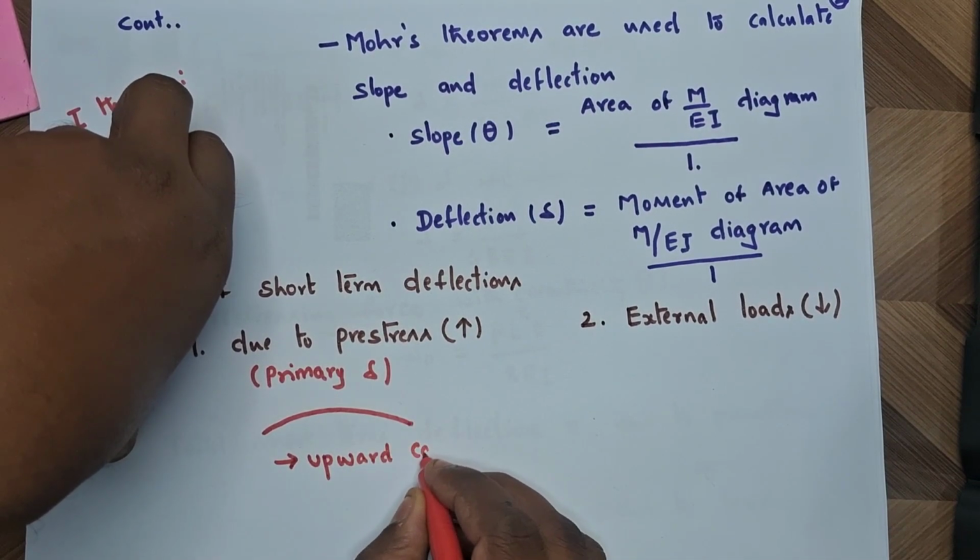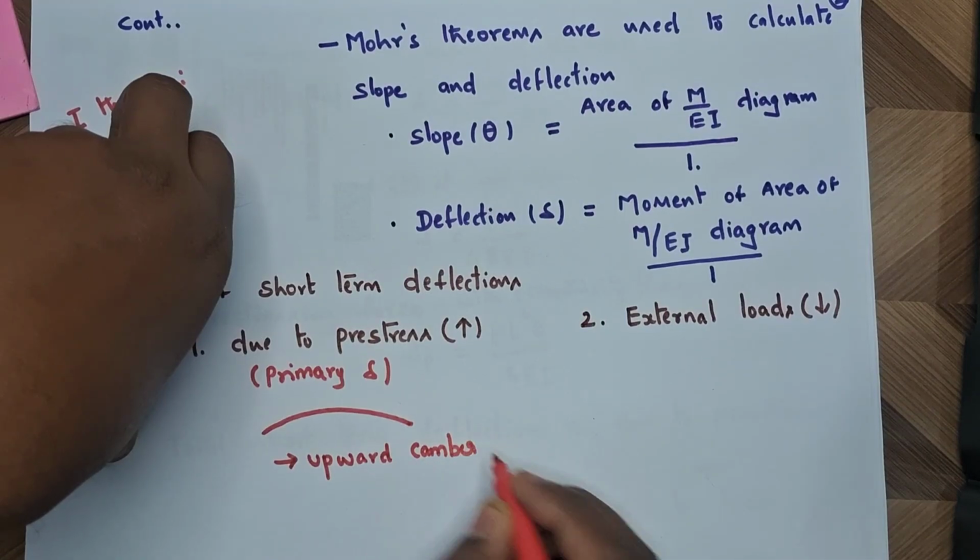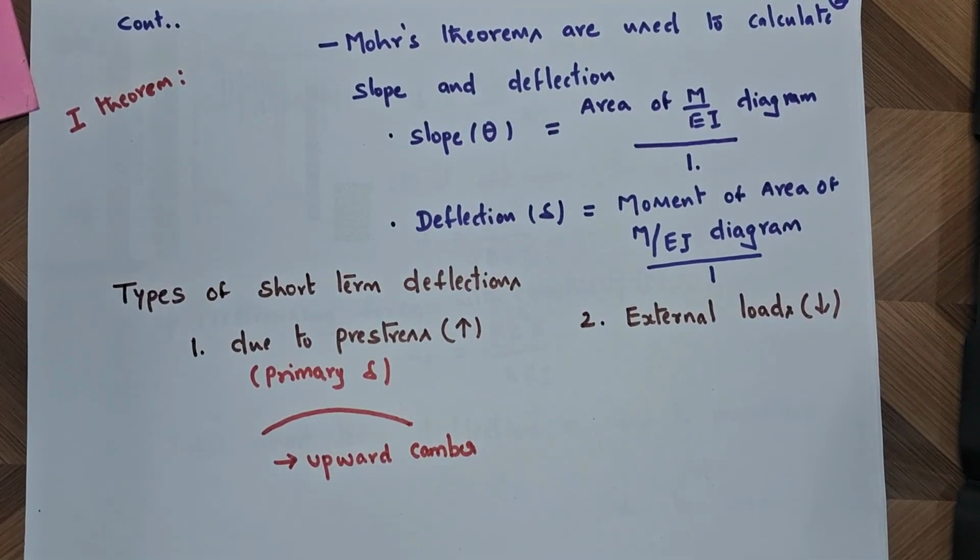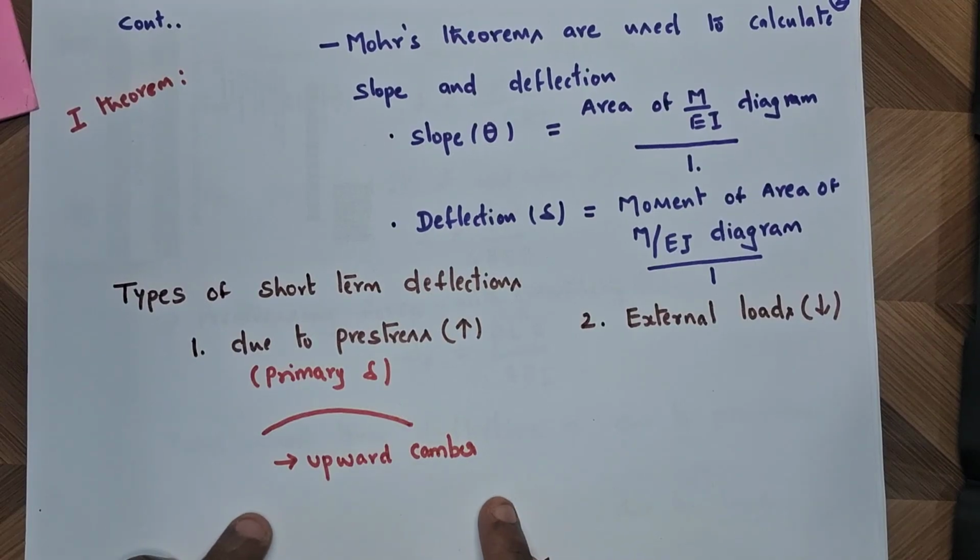Upward camber. When we tension a tendon, we may observe some upward camber in a beam.